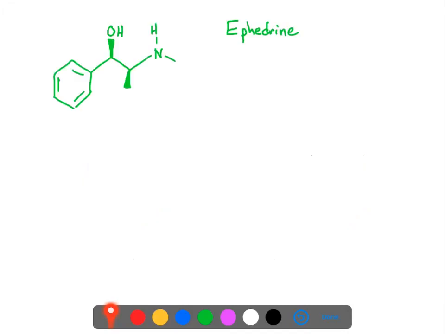So in this example, we'll look at ephedrine, which is a bronchodilator and decongestant. And you can see in this example that we have two regions of interest. We notice that there are some three-dimensional bonds associated here as well as here.